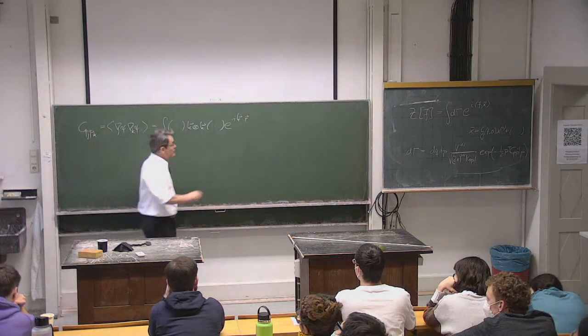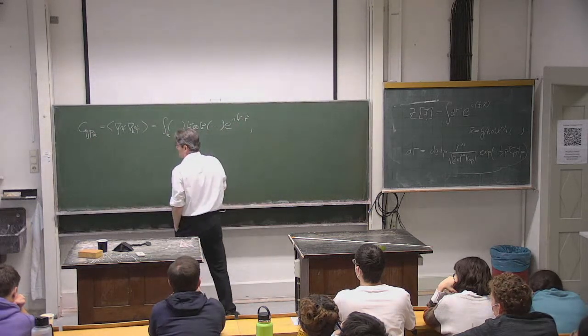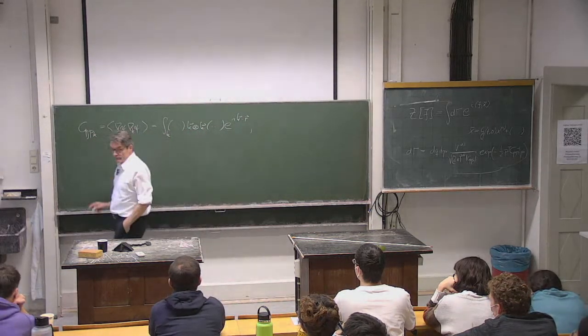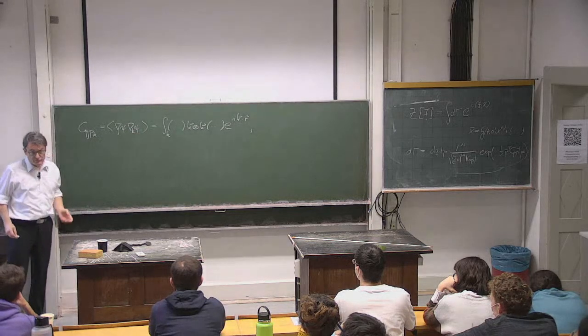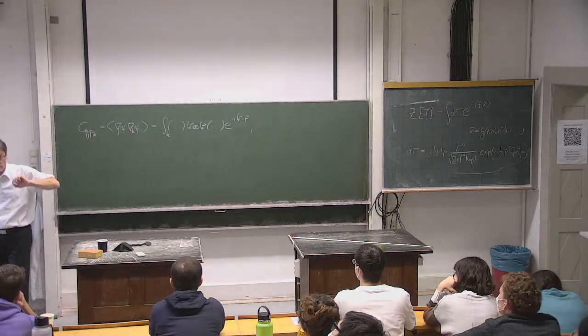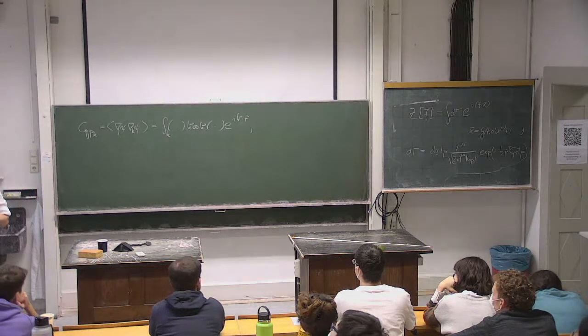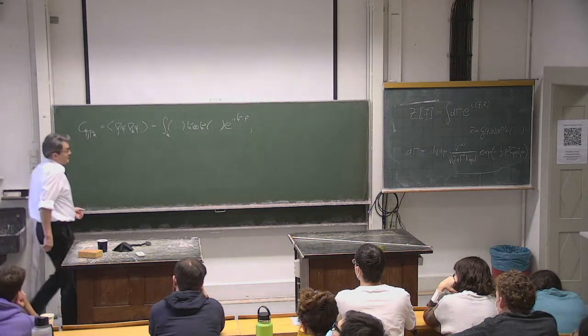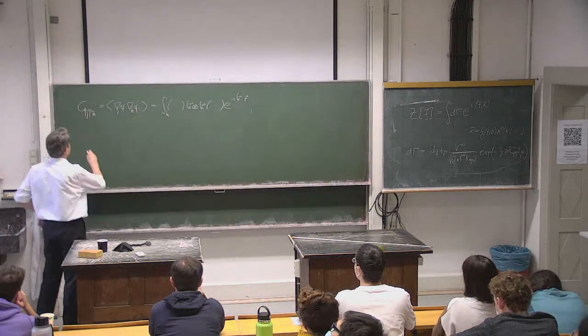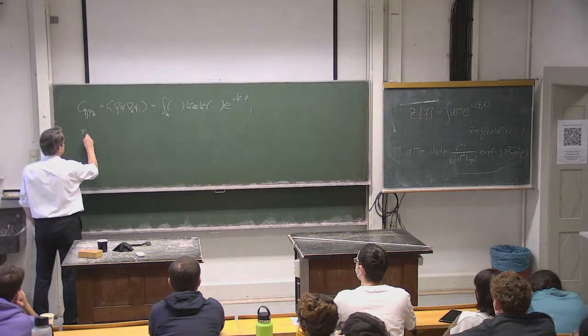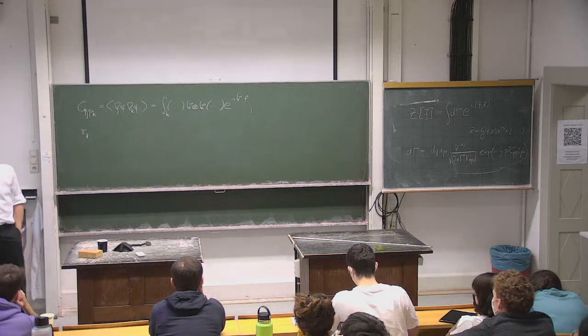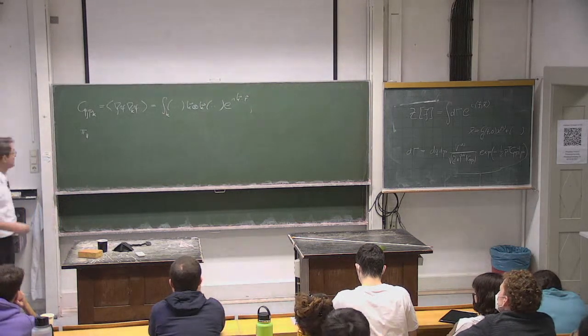And so we decided to split this matrix into projections with respect to the direction R and not with respect to the direction K. So we said, okay, we are going to introduce a parallel projector P parallel.